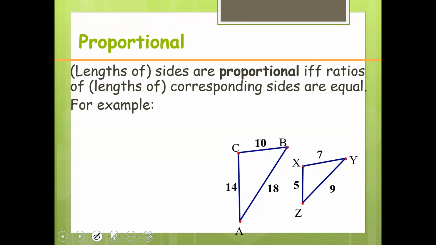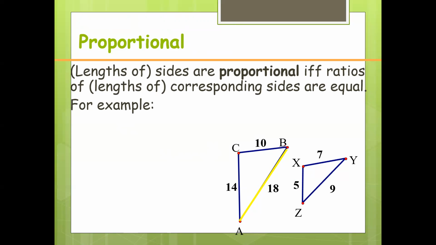For example, take note of the orientation of this triangle. Look at the yellow indication earlier, the colors.